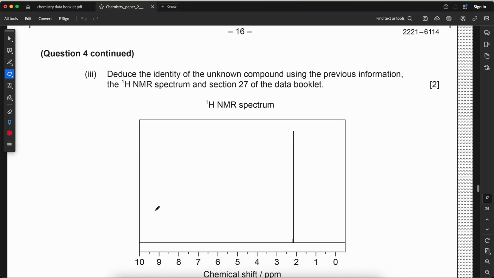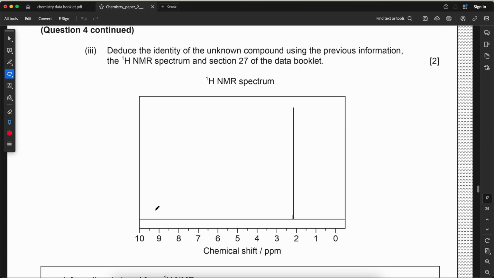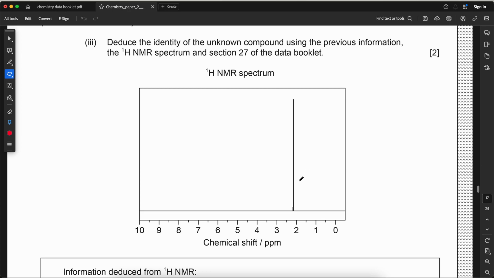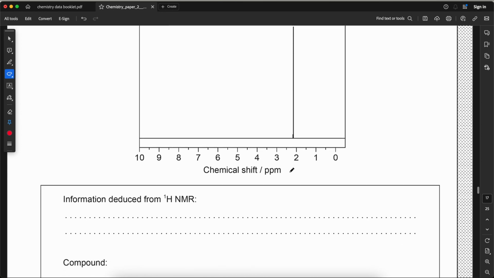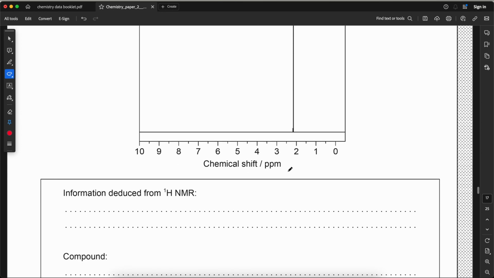Deduce the identity of the unknown compound using the previous information. Only one signal. It means that the 58 molecular mass is a symmetrical carbonyl molecule, which is propanone.